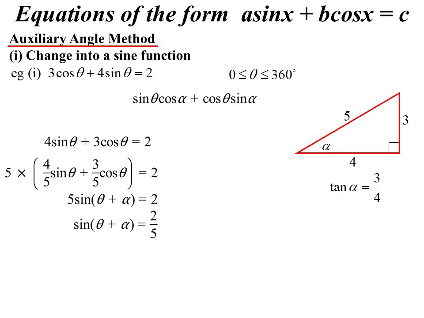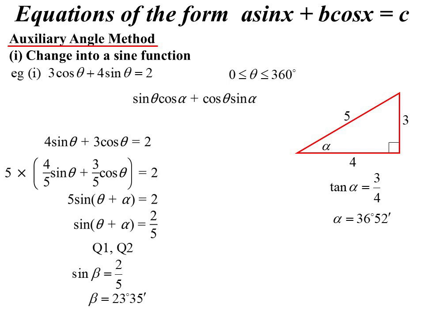Divide both sides by 5. I can work out what alpha is. It'll be whatever the inverse tan of 3/4 is, 36 degrees 52 approximately. So back over here, I just solve a very simple trig equation. It's just the sine of something is equal to 2/5. Now it's in quadrants 1 and 2. The acute angle I will work out.